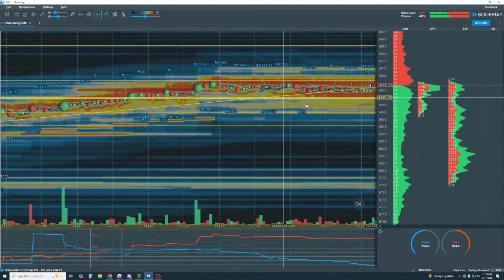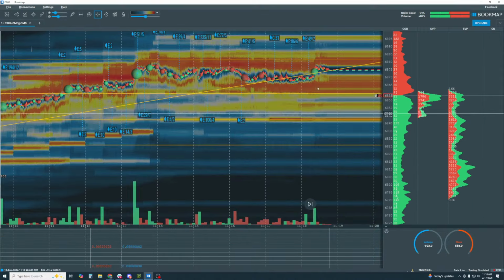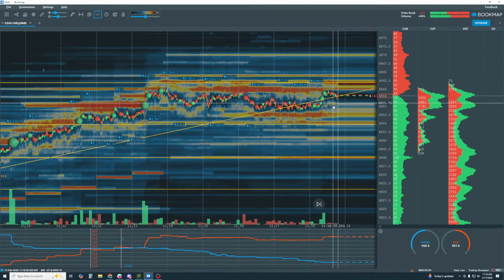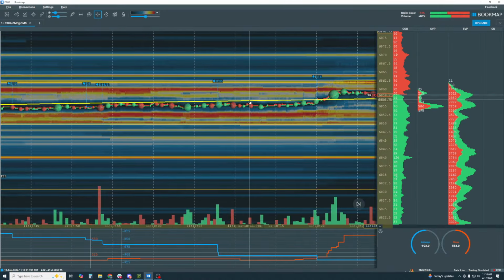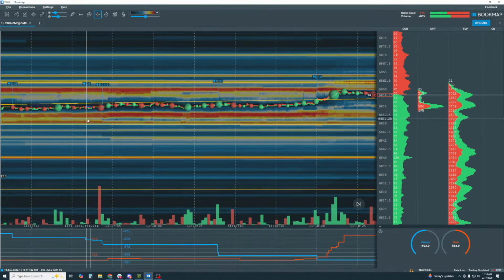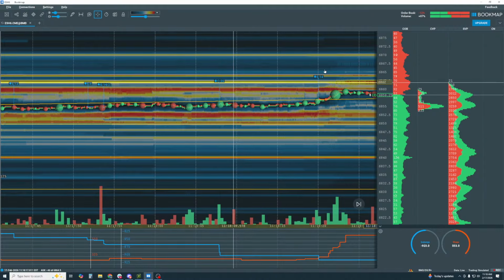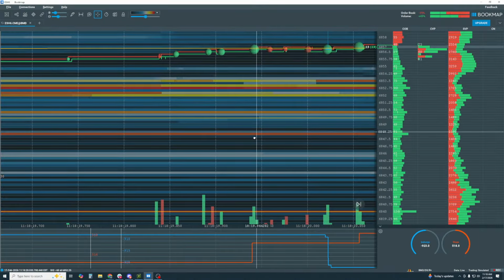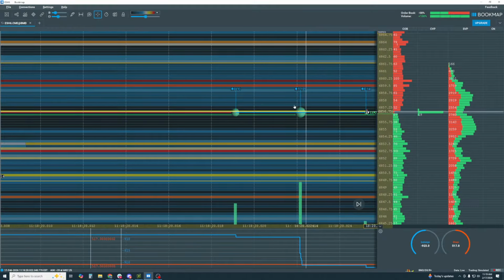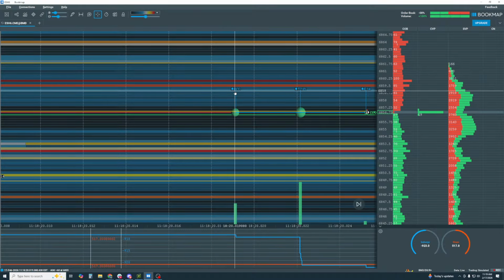I just think this kind of transparency is amazing. We can zoom in here and see the whole thing filled. See the E means fully executed for 14 contracts. We can zoom in here and see the whole evolution of it. This D means detected.